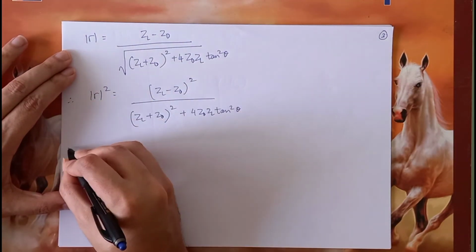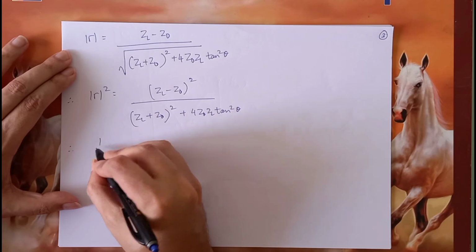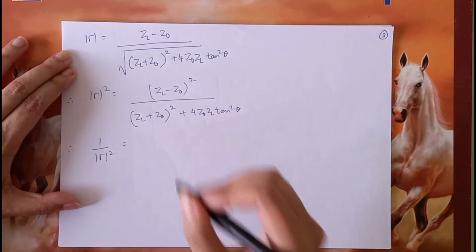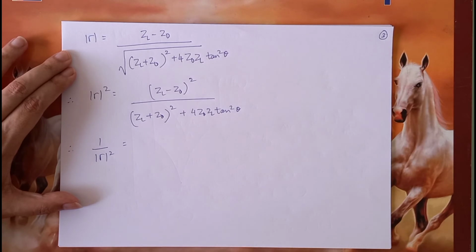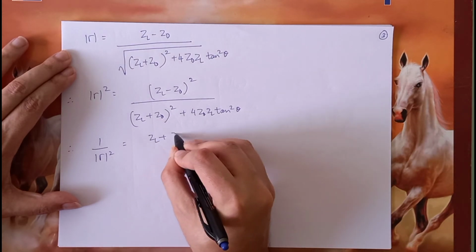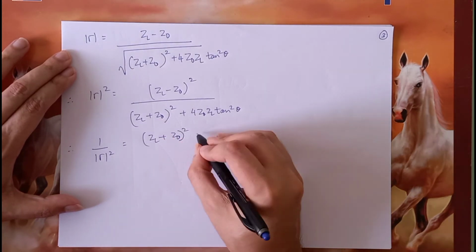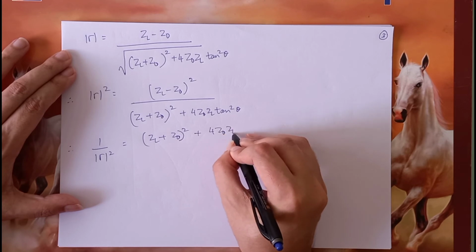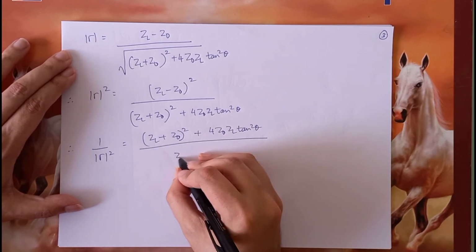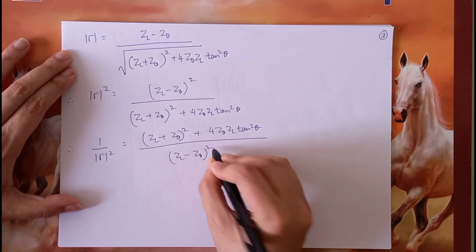So let's invert this equation. So this becomes 1 by mod gamma square, that is this quantity ZL plus Z0 whole square plus 4 Z0 ZL tan square theta divided by ZL minus Z0 the whole square.